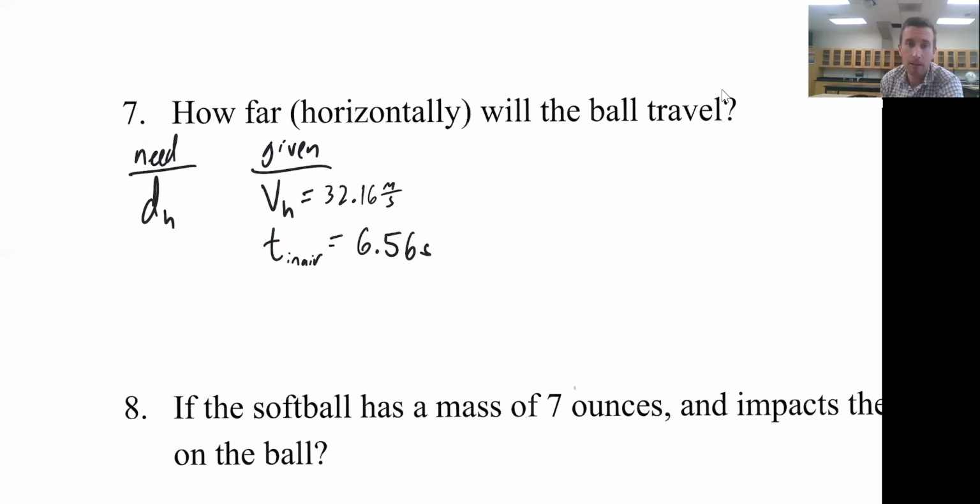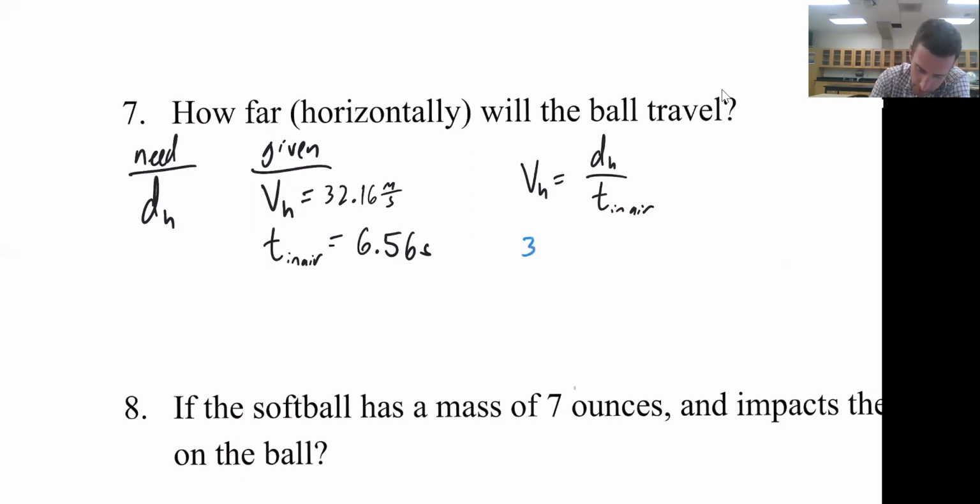All right. Now I have an equation for horizontal velocity. And if I double check and look for an equation that relates distance, velocity, and time, the equation I can find is velocity horizontal is equal to distance horizontal over the time in the air. Okay, horizontal time. All right, so I will plug in my values there.